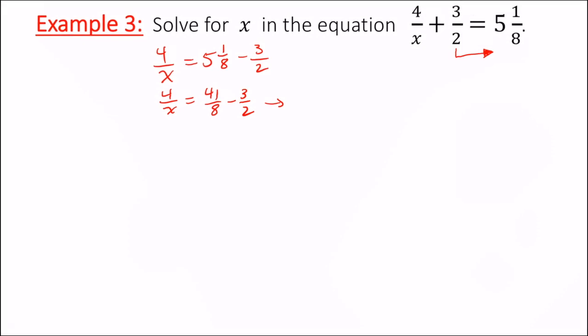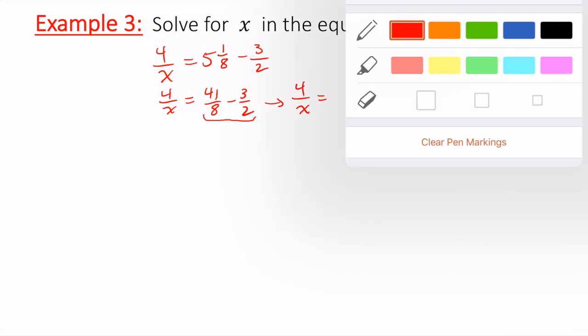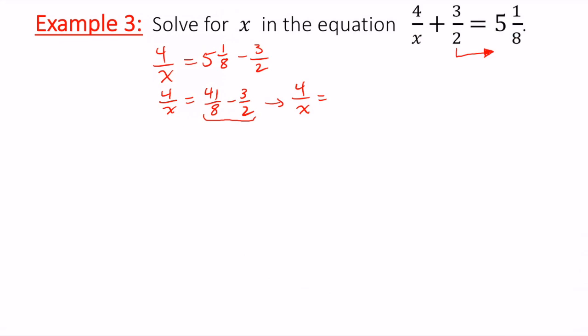And the next line, I can still continue on the right hand side here without dealing with the left hand side for now. But I need a common denominator if I'm going to subtract these two fractions. And we can probably already tell that our common denominator is 8.